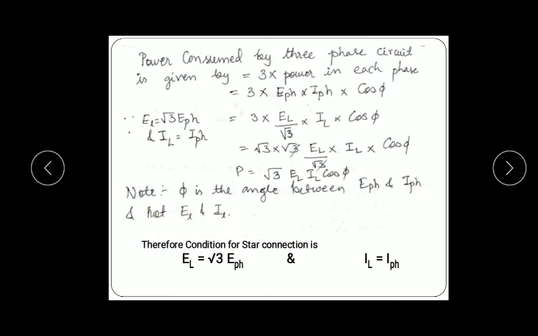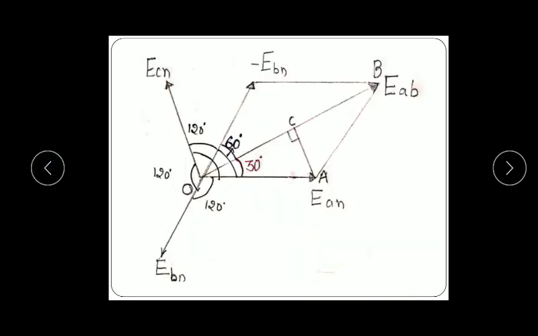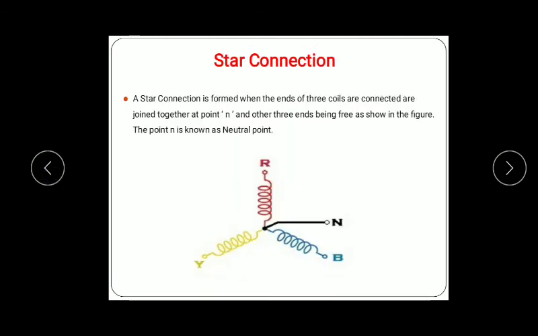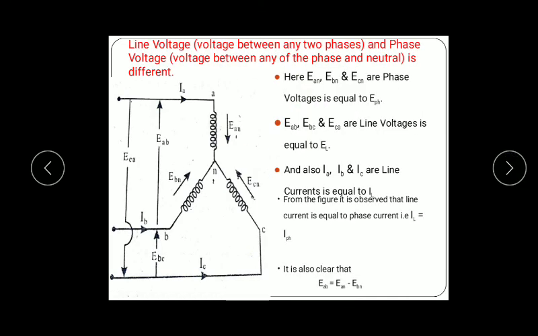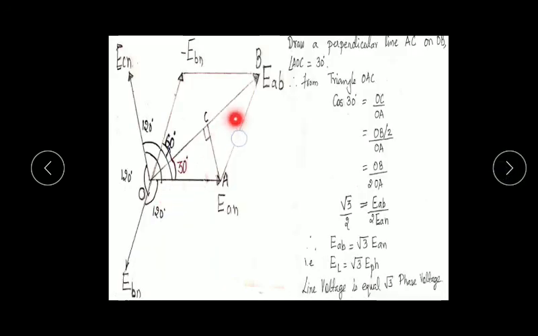Therefore, the condition for star connection is EL is equal to root 3 E phase and IL is equal to I phase. For derivation purpose, you need to write what is star connection, how the star connection is formed, what is line voltage, phase voltage, draw the circuit, what is E phase, what is EL, what is line current, how the line current is equal to phase current, and EAB is equal to EAN minus EBN, and also the vector diagram with this part of derivation.